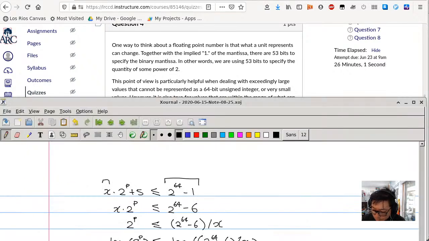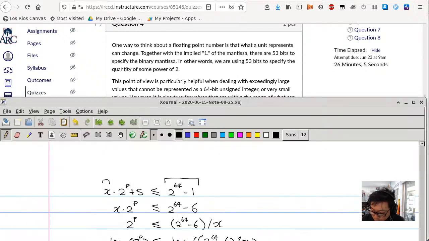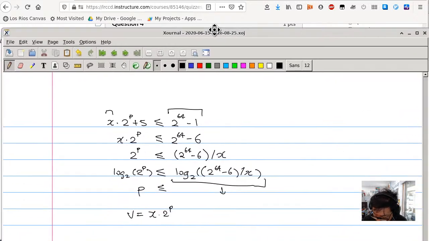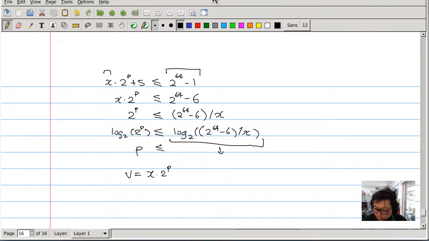So V is X times 2 to the power of P, which is the same general equation that I had earlier. There we go. So now we can see the equation. We want to solve for P given X.